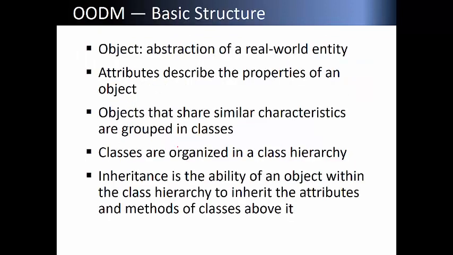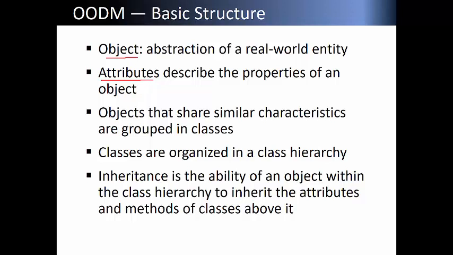With that in mind, the basic structure of an object-oriented database is composed of objects, and objects are constructed over attributes. Some of the attributes have a simple atomic type, just a value.